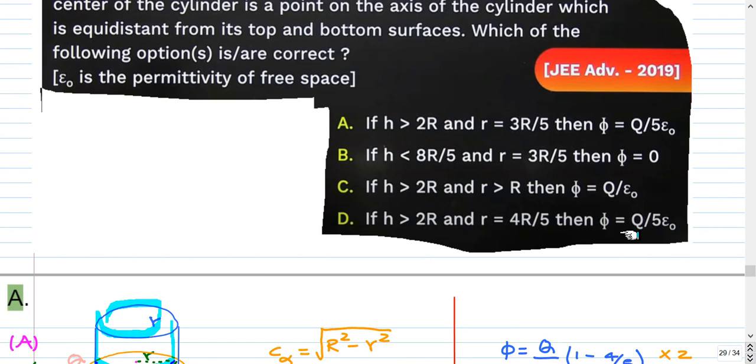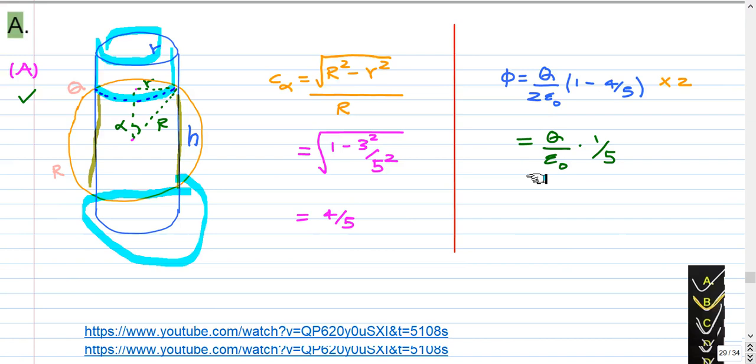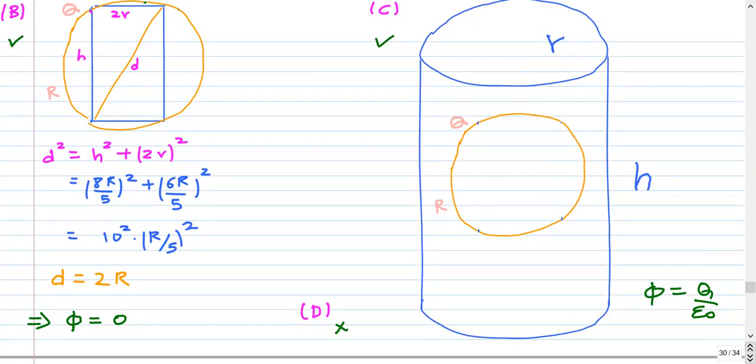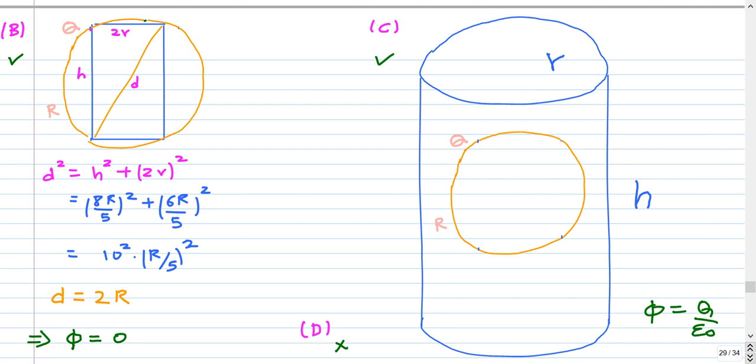Option B says that h is less than 8r by 5 and R is equal to 3r by 5. So h is less than 2r. If the Gaussian cylinder size is too small, it will be well within the spherical shell, but at a particular value of h and r, it will just touch this spherical surface.